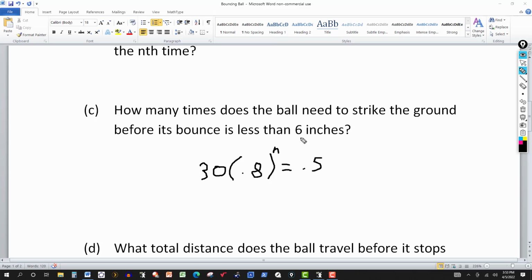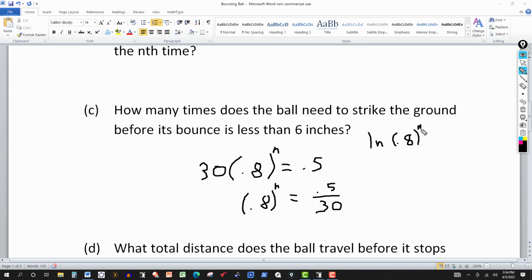And if I want to go less than that, I simply just increase it by a little bit more, as we'll see here. So what I'm going to do is solve this for n. 0.8 to the nth, divided by 30. Now I'm going to take the natural log of both sides.